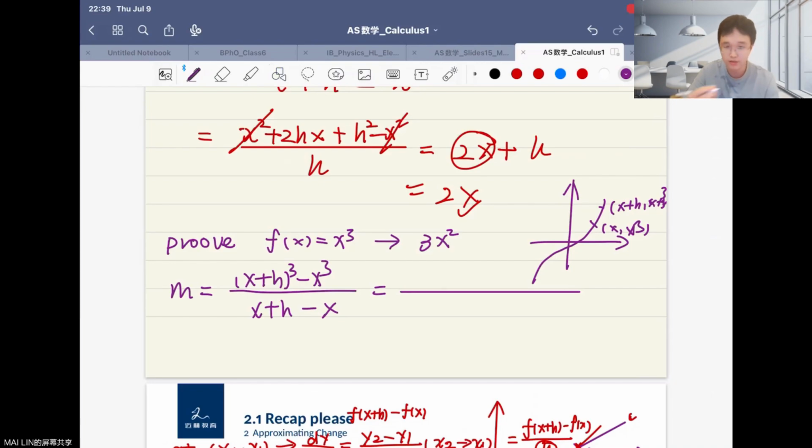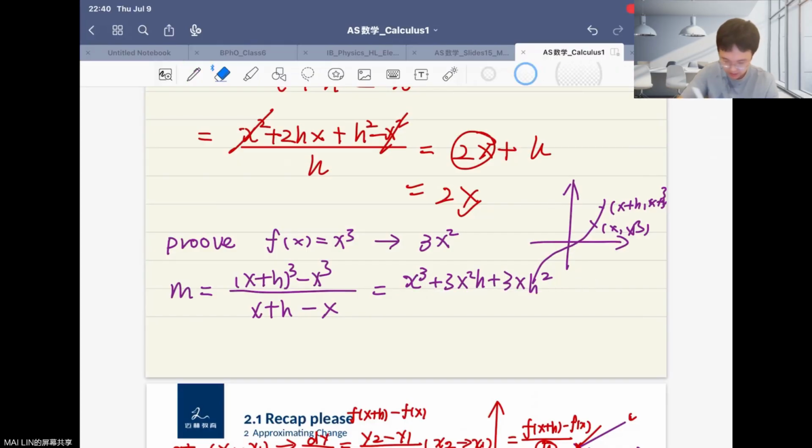Expanding, we get x cubed plus 3x squared h plus 3xh squared, and then we add h cubed, minus x cubed.